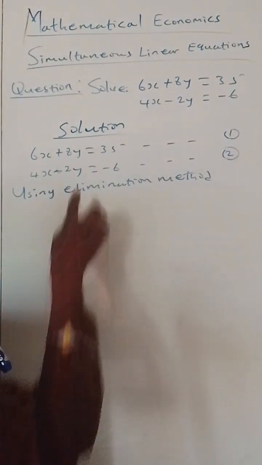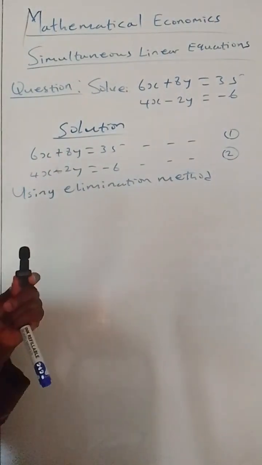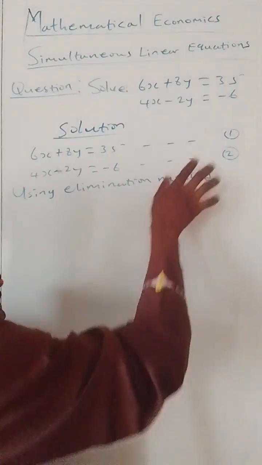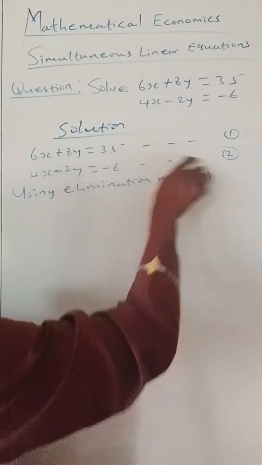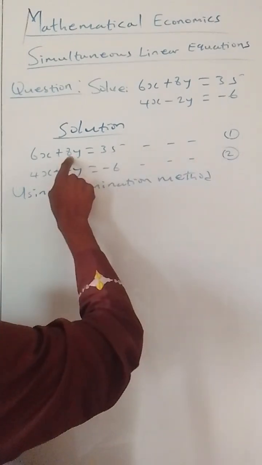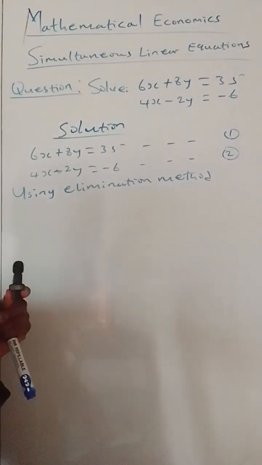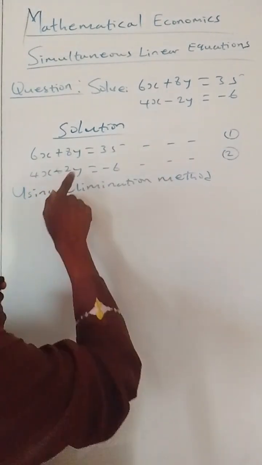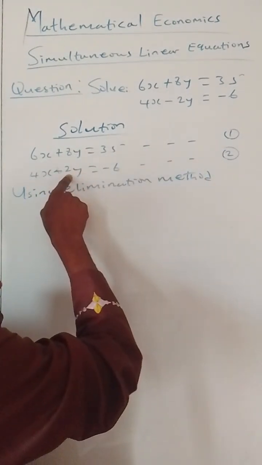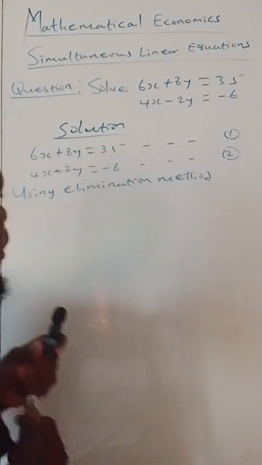But if it is y I want to eliminate, I will multiply equation 1 by the coefficient of y in equation 2, and equation 2 by the coefficient of y in equation 1. That's what I'm going to do.